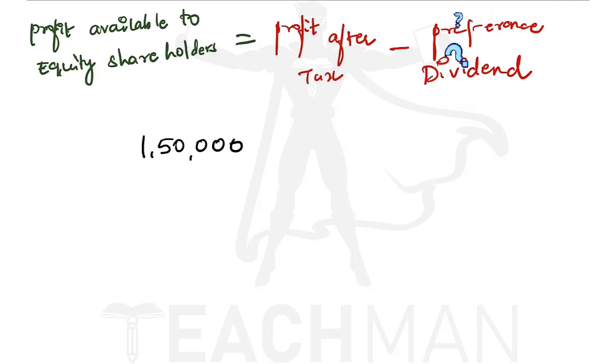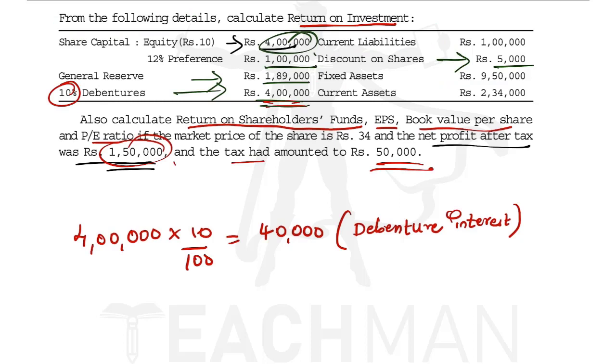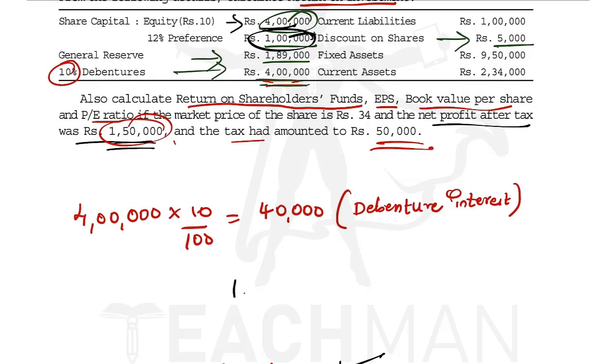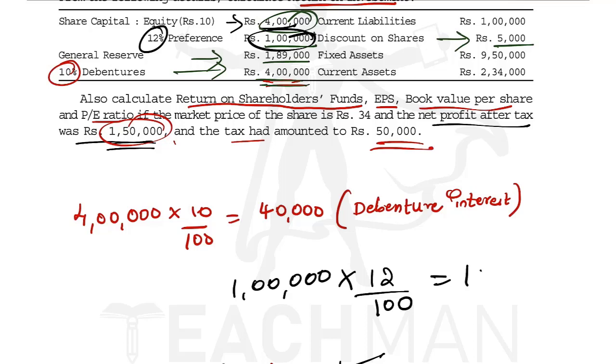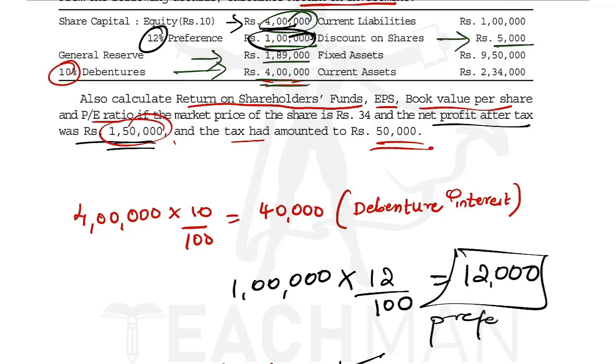Now what is preference dividend or preference interest? Our preference share is 1 lakh rupees. It is 12% preference share, so they'll get 12% dividend. So 1 lakh into 12 by 100 is 12,000. So this is the preference dividend.